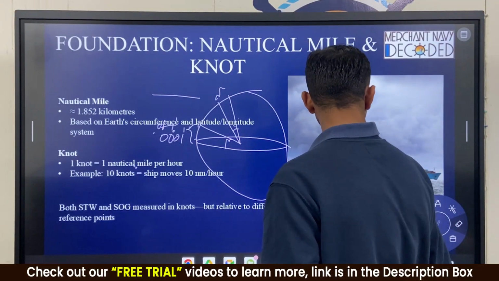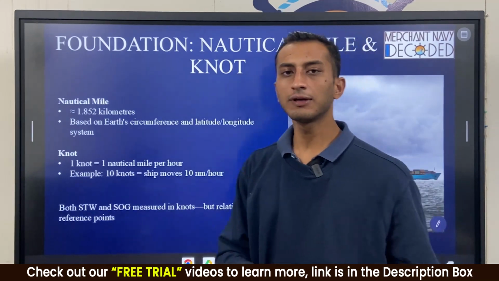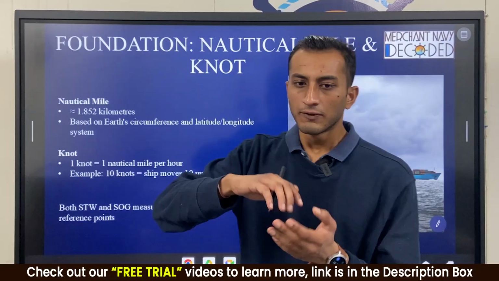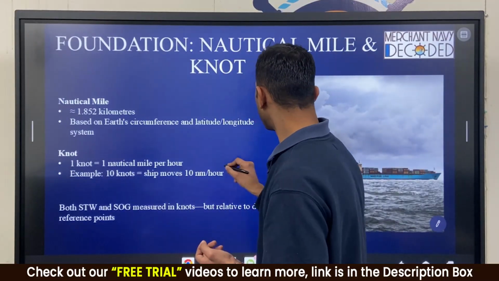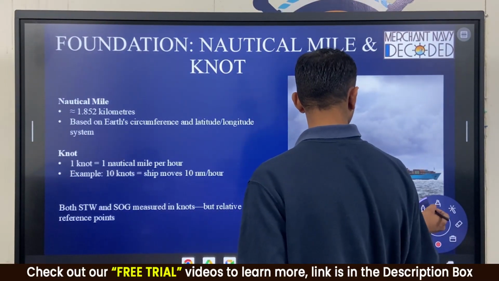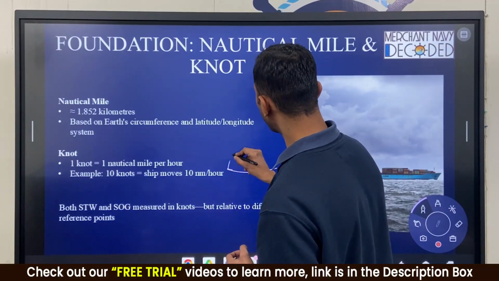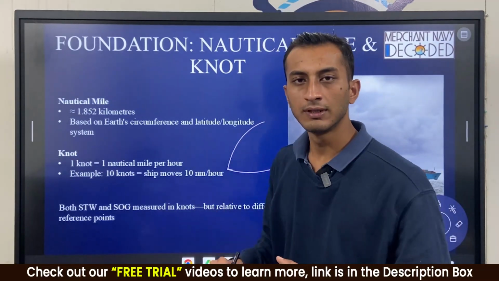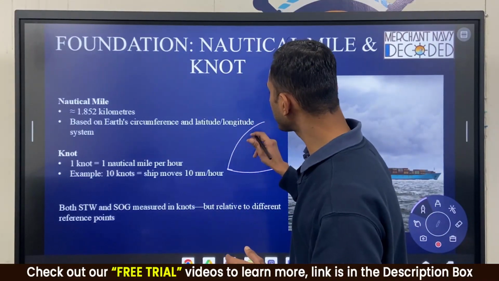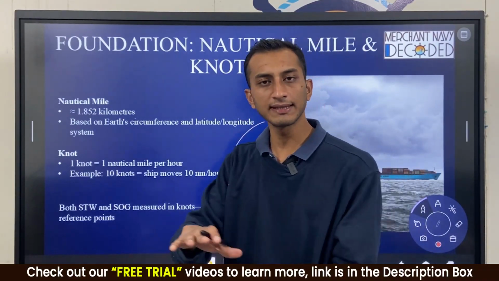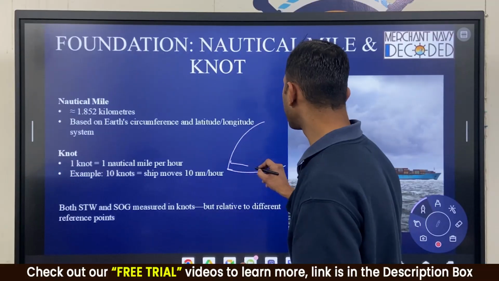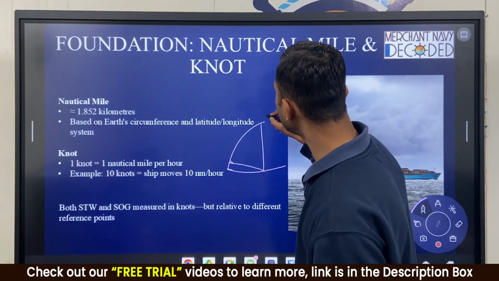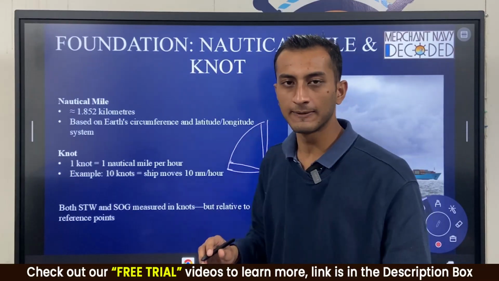Now, since we all know that earth is not a perfect curvature, when we go from the equator to the pole, the curvature reduces at the pole. So with the curvature reduced at the pole, the distance does not remain the same. Near the equator, the distance is different.